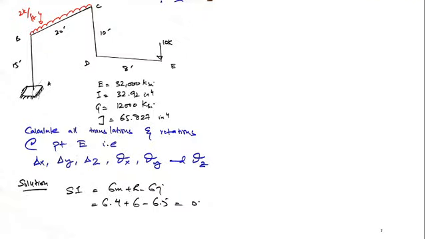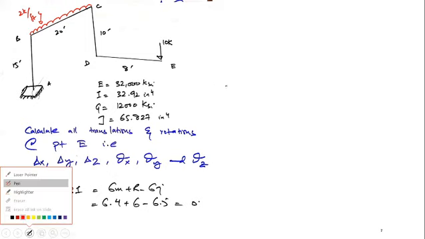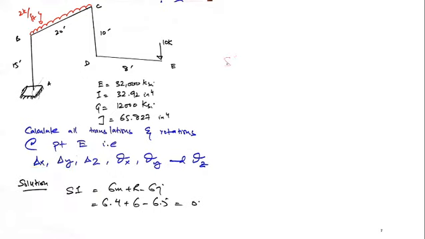Okay, we have a space frame. It's a determinate frame. And you know that the SI of a frame is equal to 6m plus r minus 6j, and we have 6 parameters per member. It should be known that these parameters are shear in x, y, and z directions, moment in x, moment in y, and moment in z.